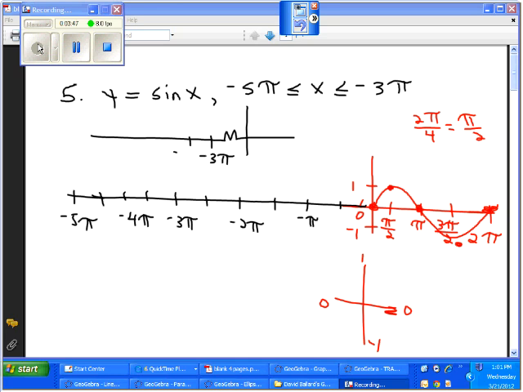And so down 1 would be negative 7 pi over 2. And down 1 would be negative 8 pi over 2, which is negative 4 pi. And down 1 would be negative 9 pi over 2. And down 1 would be negative 10 pi over 2, which is negative 5 pi. And so instead of writing the whole thing out, we do the little squiggle to show that there's a piece missing and go from there.